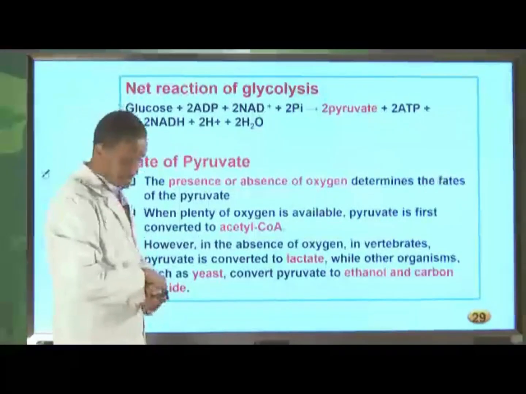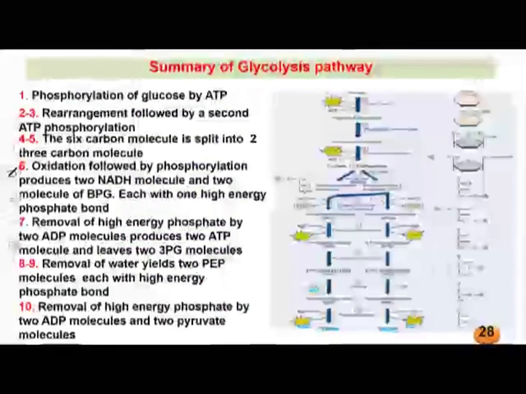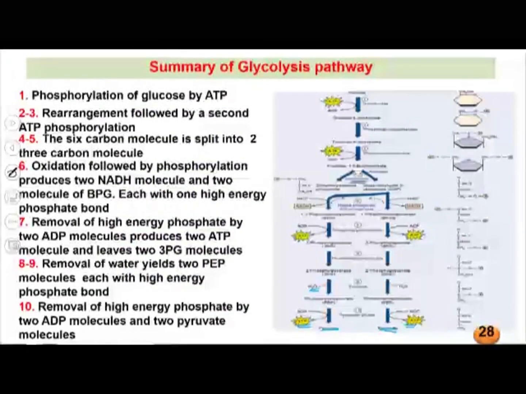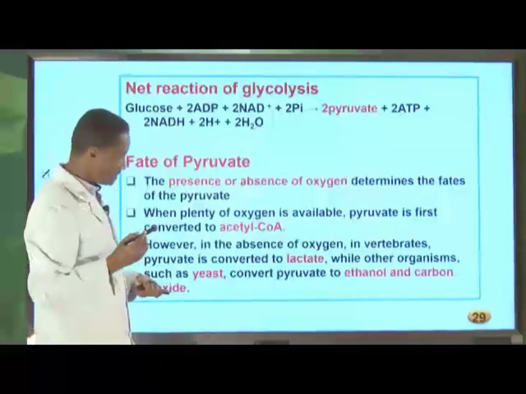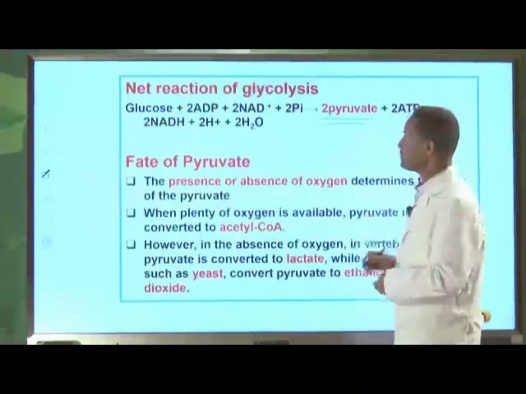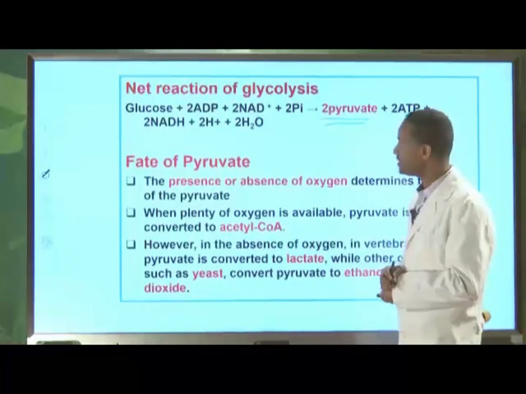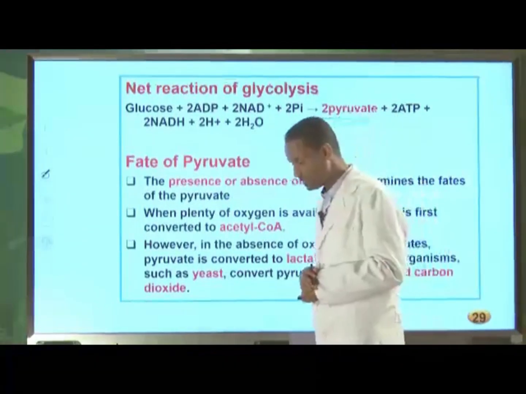But at the end of glycolysis, 2 molecules of pyruvate are obtained. In the net reactions of glycolysis, 2 pyruvate are formed, 2 ATP are formed, and 2 NADH are formed. But what is the fate of this pyruvate?